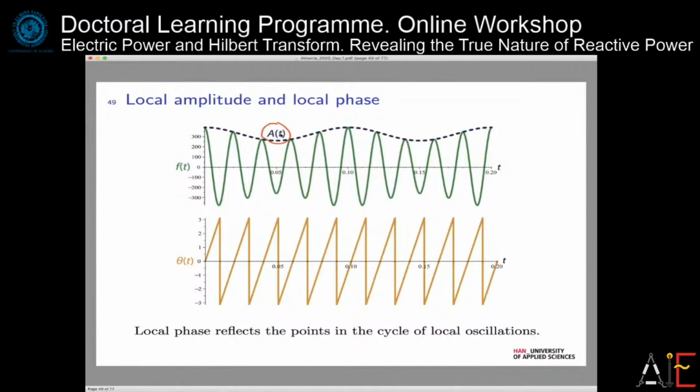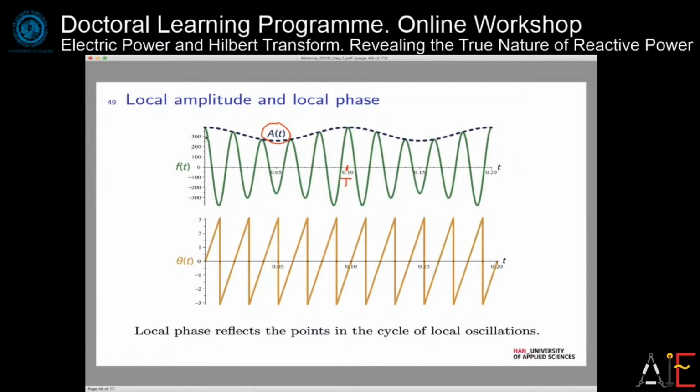Essentially, I take the signal and I get the varying amplitude of my original signal, and this is my instantaneous or local phase, which reflects just the points in the cycle. And this is actually 2 cycles; here you have T, so it repeats itself. Points in the cycle of local oscillations.